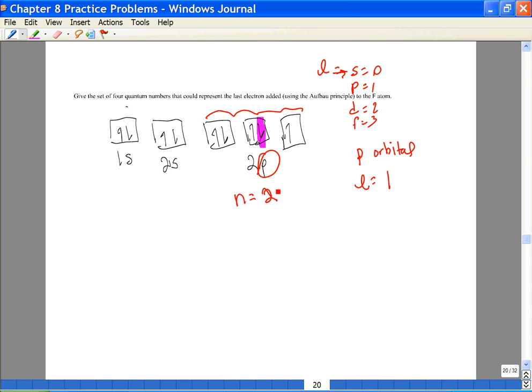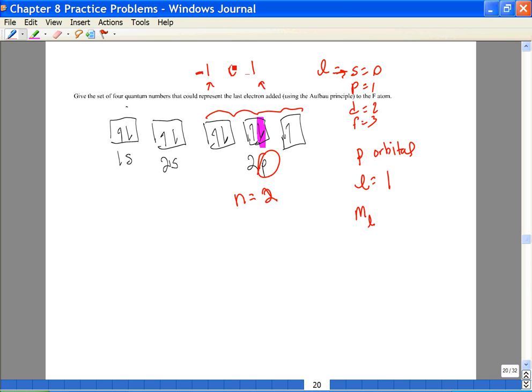So within each set of orbitals, we have our m sub l value. And since our l value is 1, then the m sub l value can go from negative that number to positive that number, and that number happens to be 1 here.